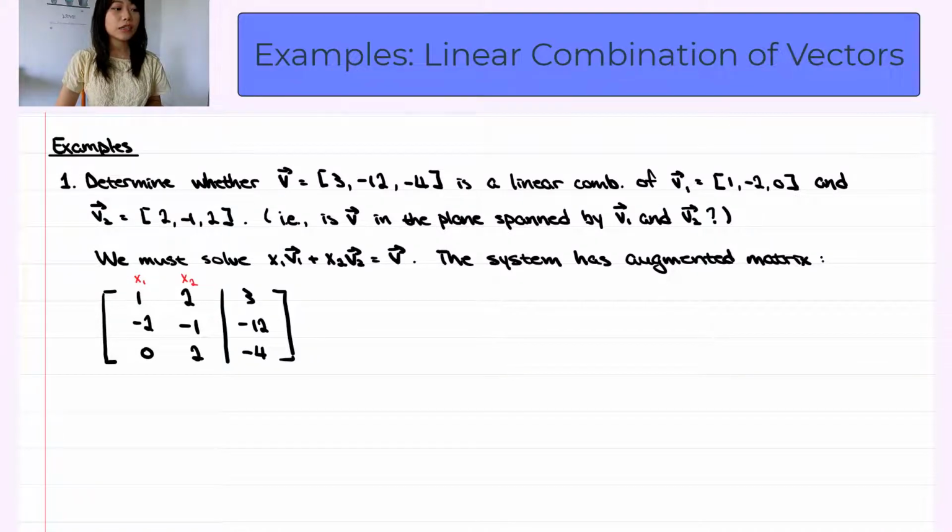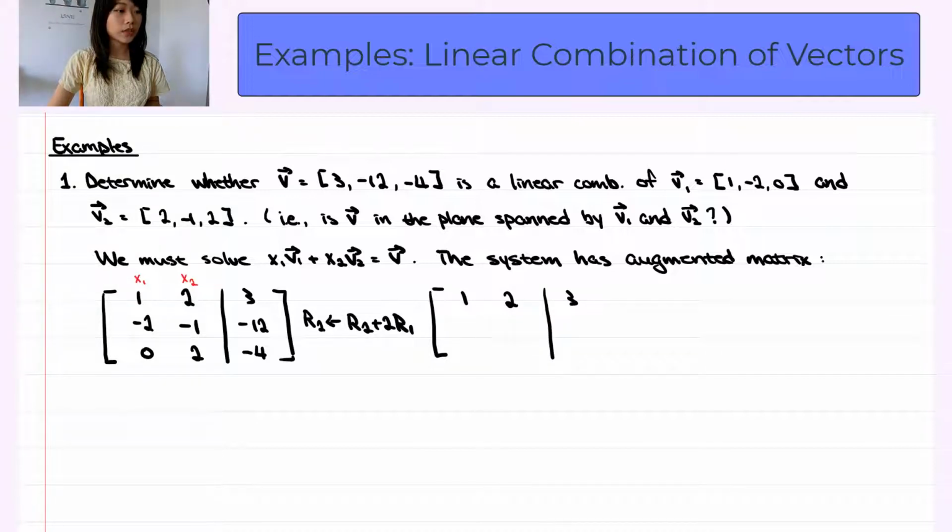So the next step is to reduce the matrix. First of all, I'm going to replace row 2 by row 2 plus 2 times row 1 to eliminate the negative 2. Then we get 1, 2, 3.